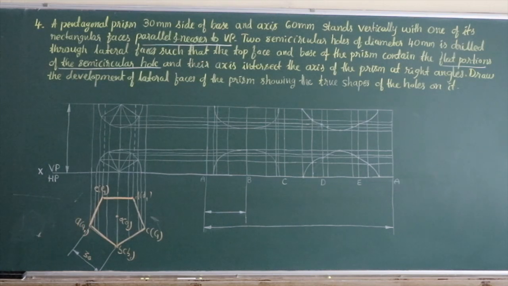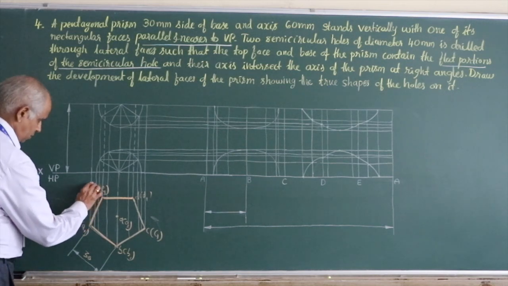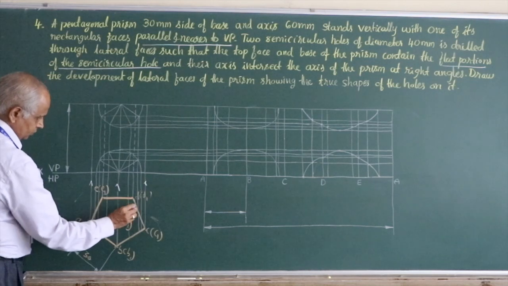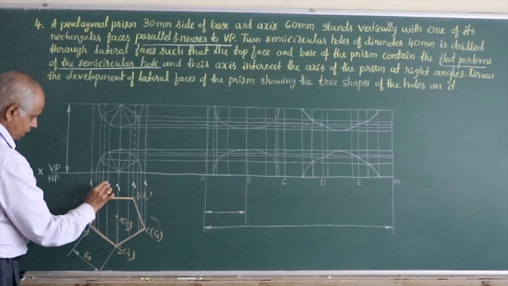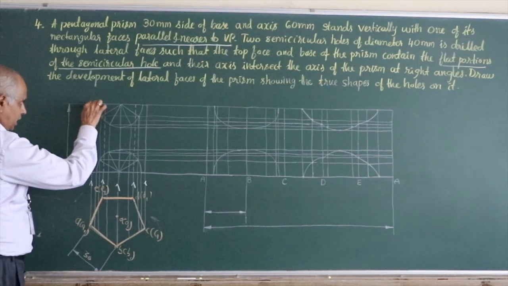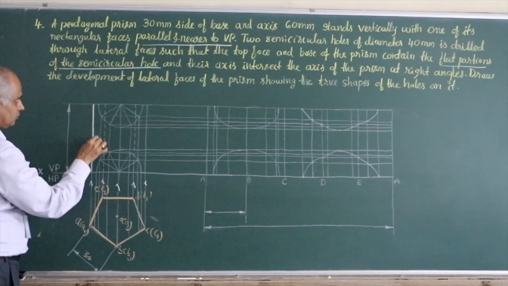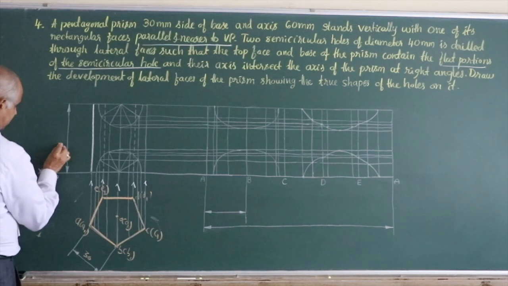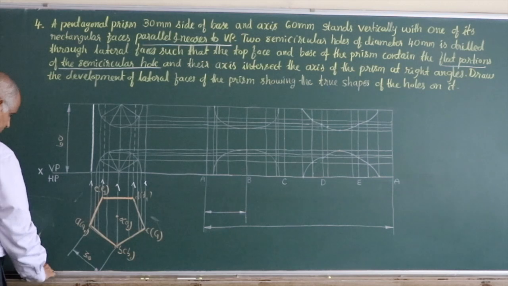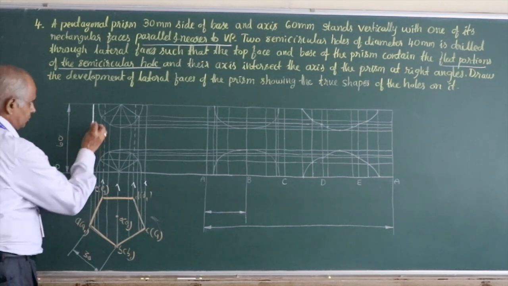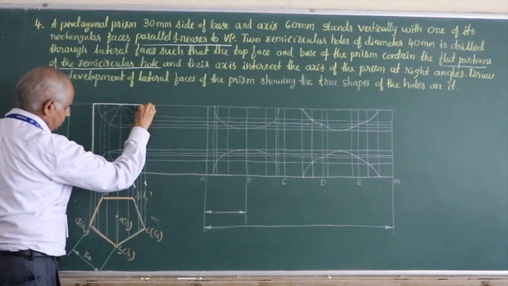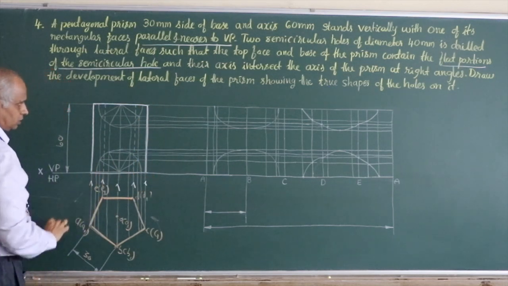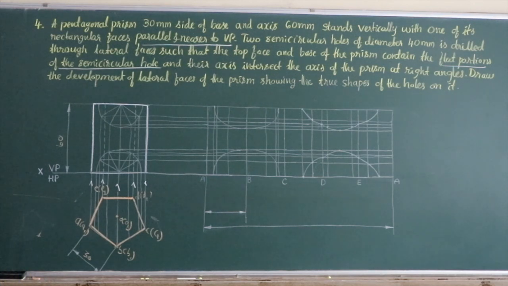Now let us concentrate on the front view. When you take the projectors from A, from B, from C, from D, and from E, I get these lines, and the height of the prism is given as 60 mm. So take 60 mm and you get this rectangular block, which is the boundary of the pentagonal prism in front view.